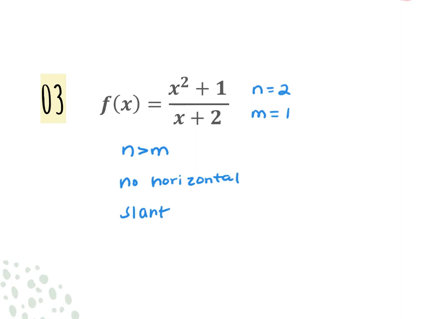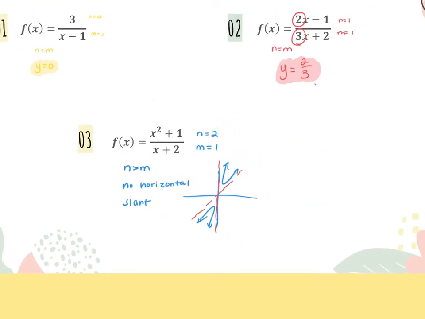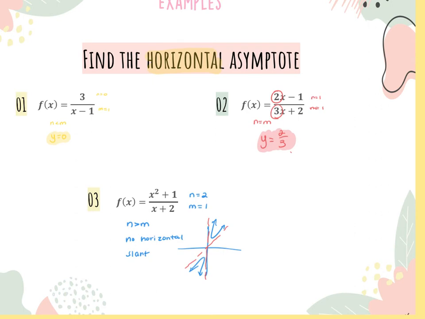We're not there yet. If it was 3 and 1, let's say, then there's no horizontal and there's no slant. For a slant, it can only be one more. It's actually like a line. So you can have a graph that looks like this, and then your curves look like that. They make like an X. But don't freak out about that yet. We're not there. Questions on those before we go on?